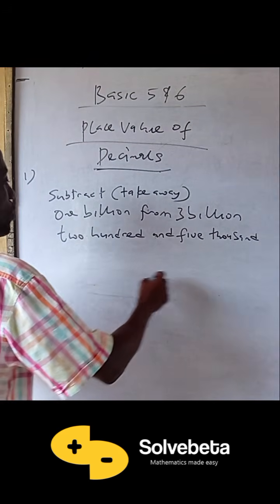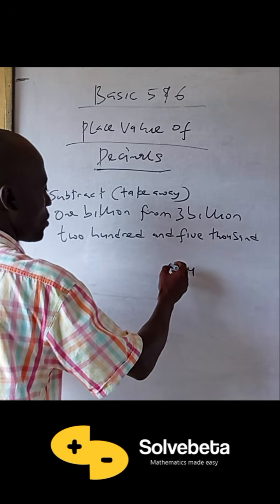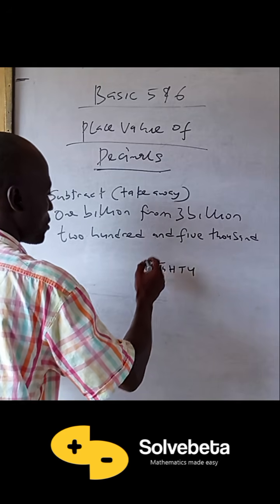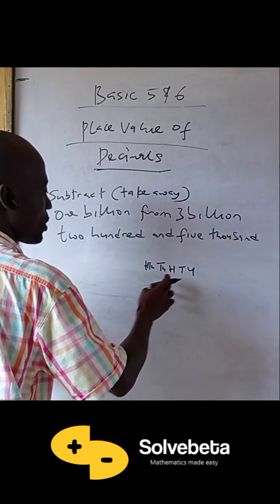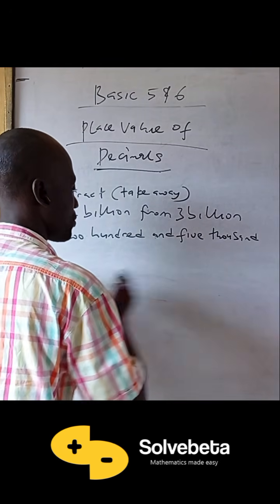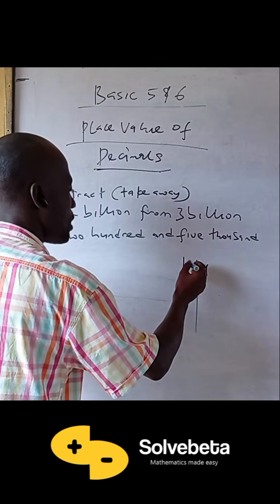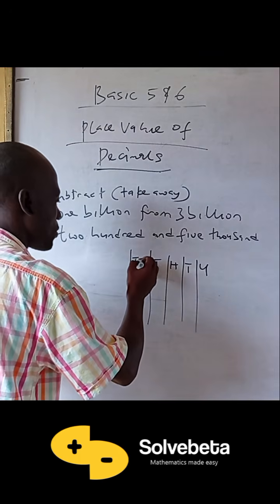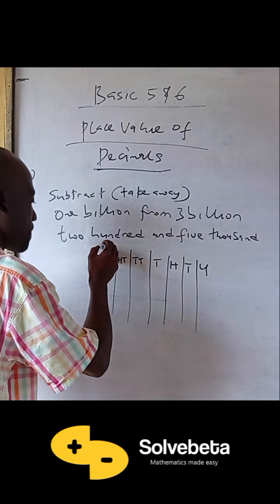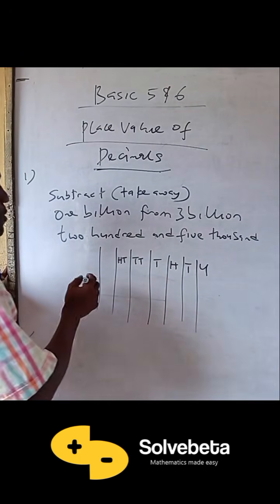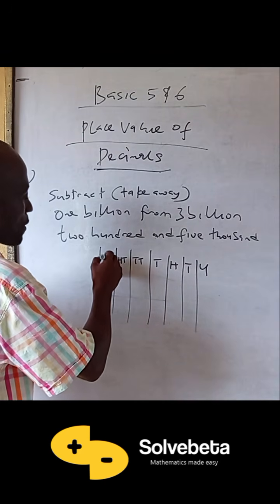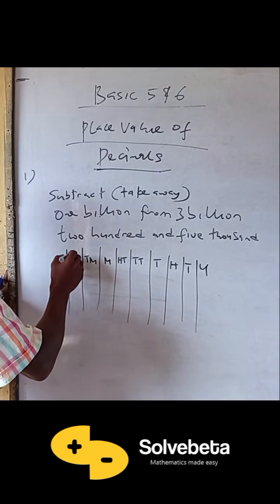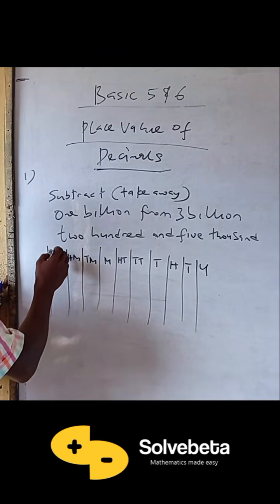You can write units, tens, hundreds, thousands, 10,000, 100,000, after 100,000 is million, 10 million, 100 million, then billion.